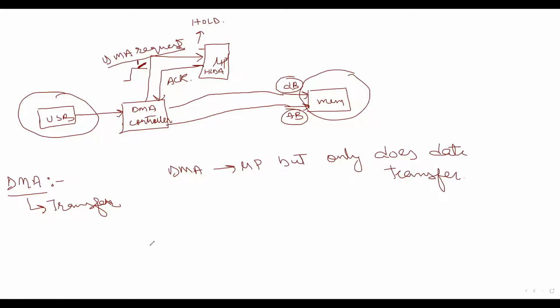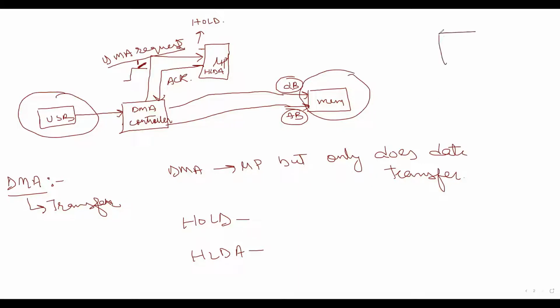Whenever we have to do a DMA transfer, the DMA controller sends a request to the microprocessor through a hold pin, and the microprocessor sends an acknowledgement through an HLDA pin, hold acknowledgement. The hold pin is an active high input signal to the 8085 microprocessor.